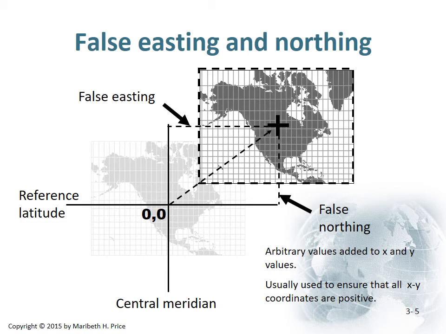Where you most commonly come into this type of a system would be on universal transverse Mercator and state plane systems. And they're designed to have positive values away from an origin, with universal transverse Mercator being the most common one you'll run into.